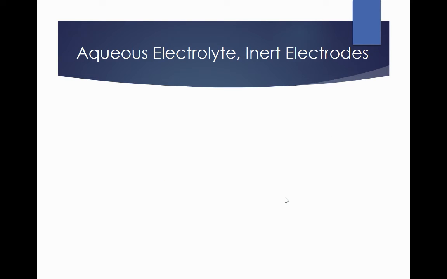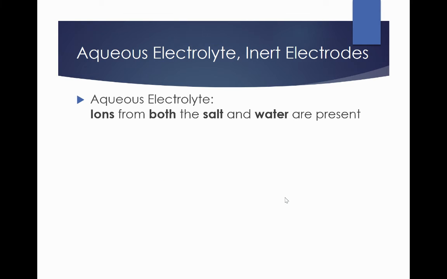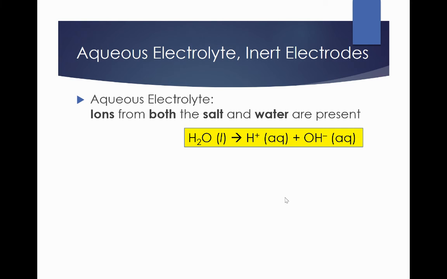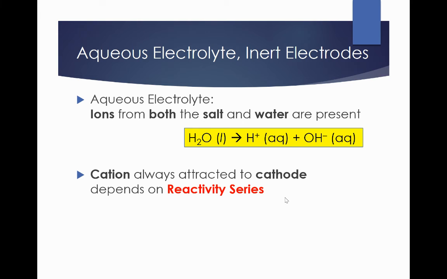Now, in terms of your aqueous electrolyte, it is not just the cation and the anion from the ionic compound. There are also ions from H2O, which means that your H+ and OH- must be considered as well. And as usual, the cations will always be attracted to the cathode. Now because we have more than one positive cation, we have to consider the reactivity series to decide which one gets discharged.